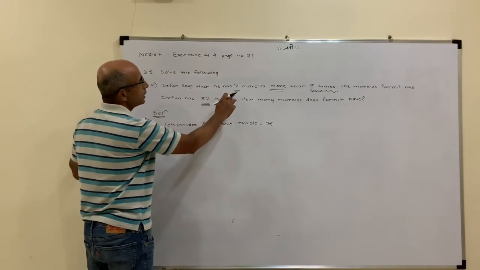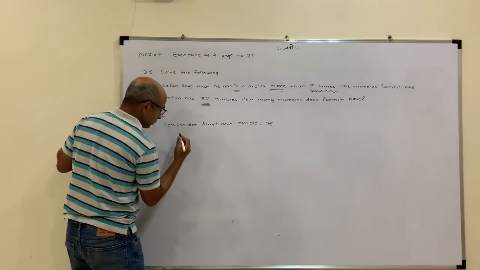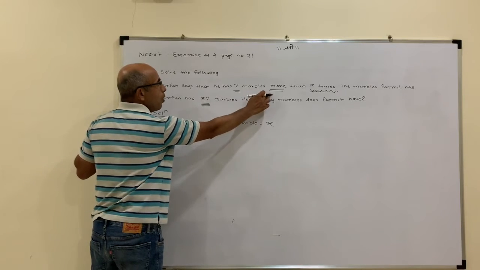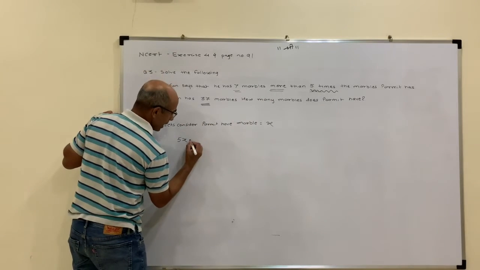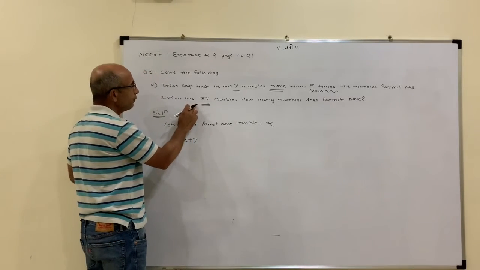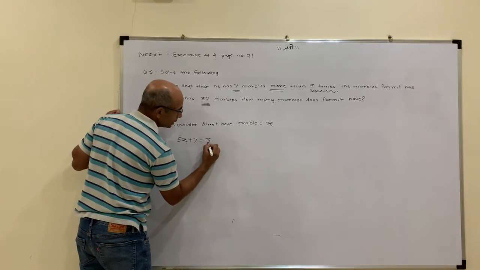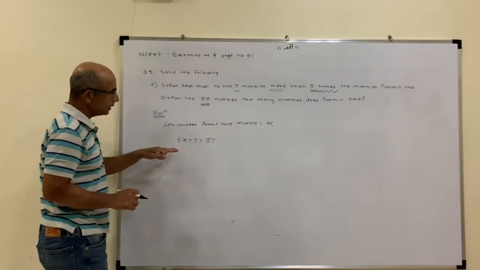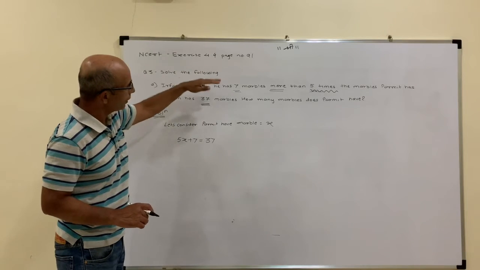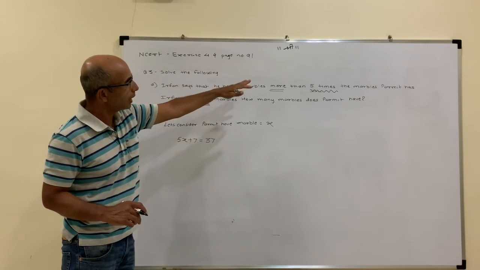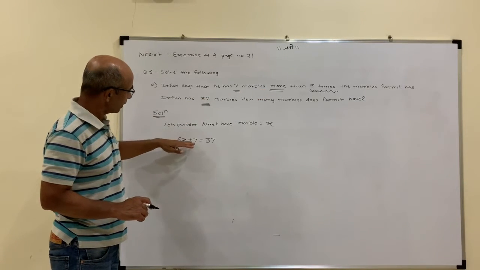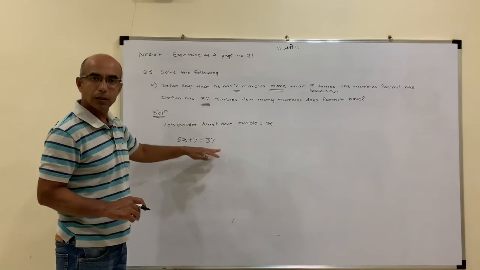So now what they say, 5 times. So 5x plus 7 more marbles, as I mentioned before, plus 7 equals to the marbles Irfan has, that is equal to 37. So Paramit's 5 times plus 7, Irfan says that he has 7 marbles more than 5 times the marbles of Paramit. So 5 times plus 7, and Irfan has 37 marbles.